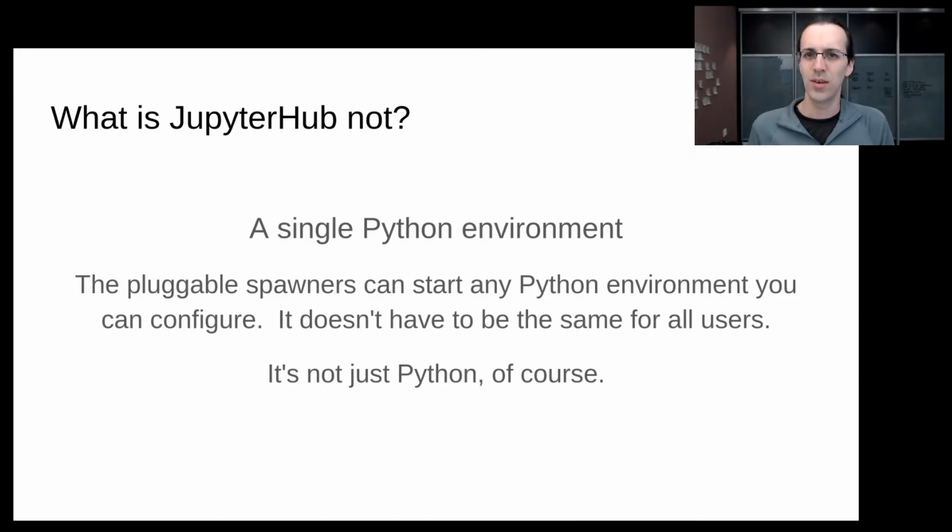JupyterHub also isn't a single Python environment. You can flexibly configure your spawner to send each user to whatever environment they want, whether it's Python or otherwise. And this is excluding the fact that Jupyter runs code in its own kernels, each of which can be its own environment.